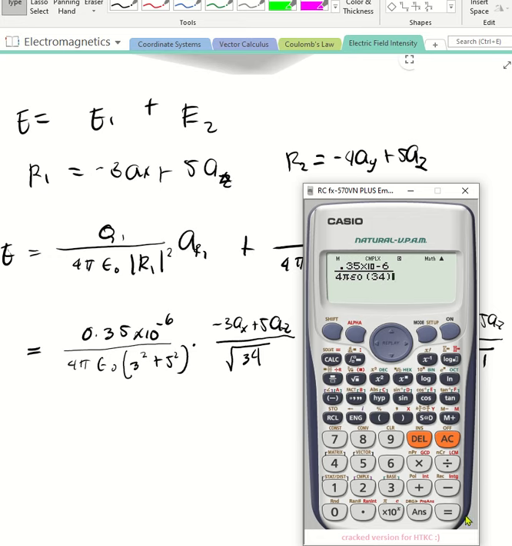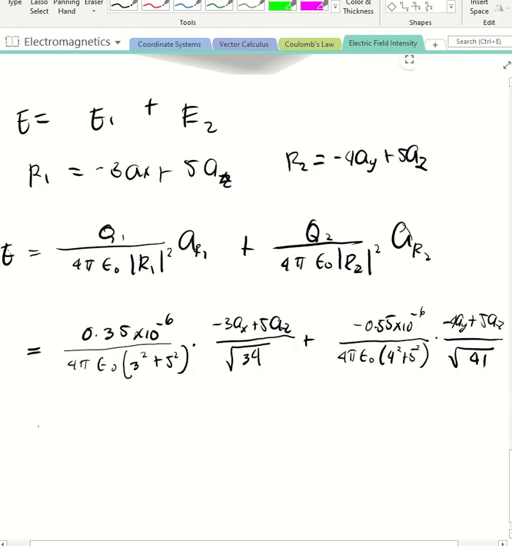Equals. That will be equal to 92.52. You multiply it with negative.